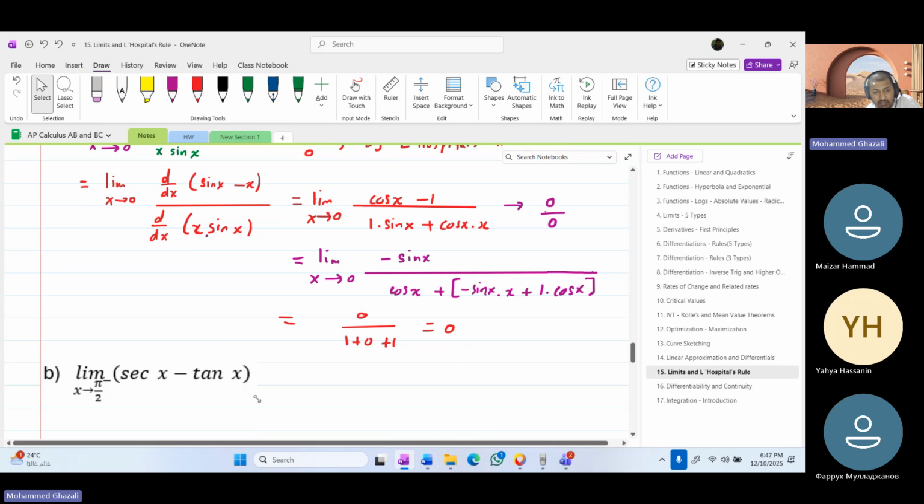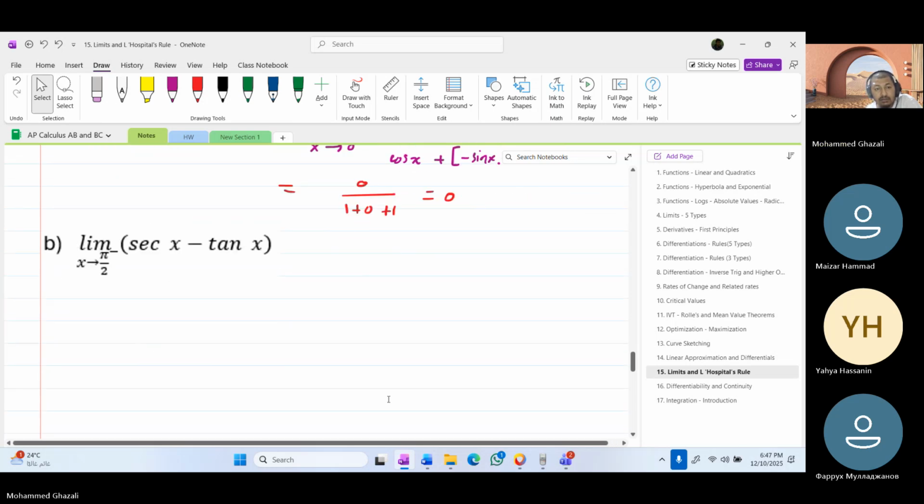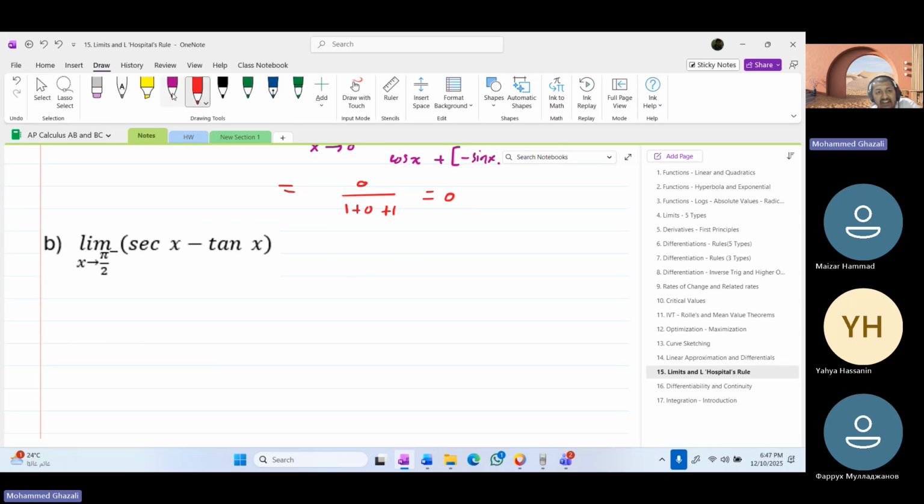Let's look at something like this now. Trigonometry, no problem. What is sec x? You have to convert this into fractions because we need f over g. 1 over cos x minus sine x over cos x.